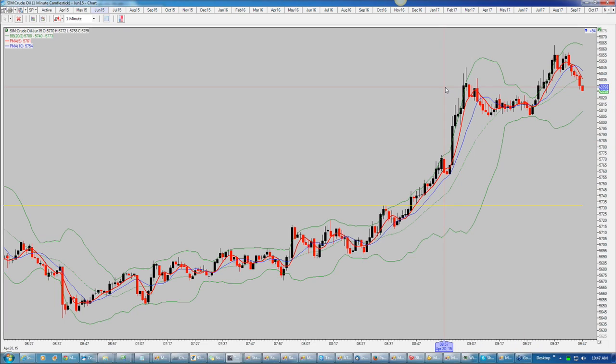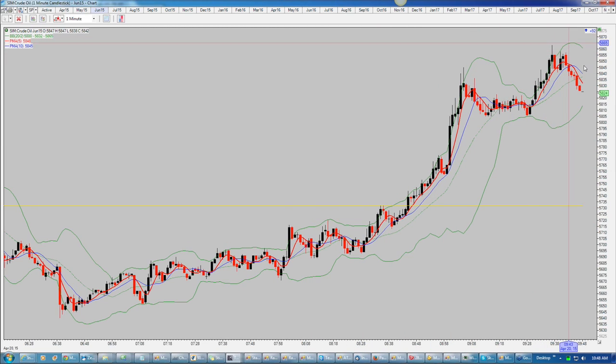But I'm just saying from a trading systems perspective, if you're a contrarian trader, if you had a contrarian system on, especially once you start making 1, 2, 3 pushes at new highs, you could start to take shorts.